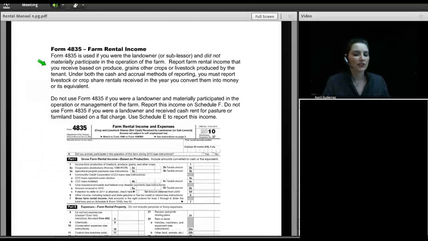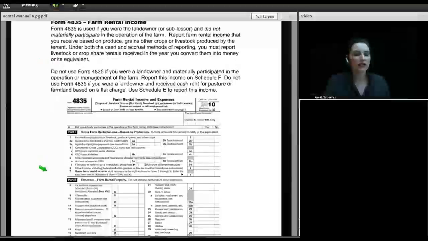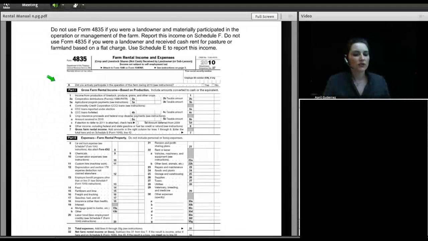Under both the cash and accrual methods of reporting, you must report livestock or crop share rentals received in the year that you convert them into money or its equivalent. Do not use Form 4835 if you were a landowner and materially participated in the operation or management of the farm. If that was the case, you need to file Schedule F because, well, you're a farmer.